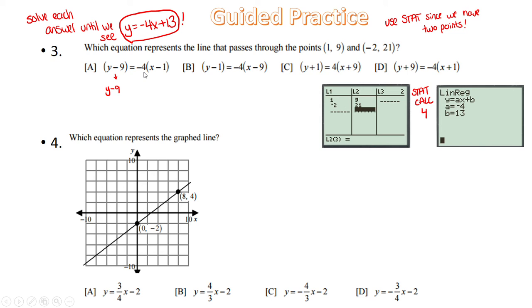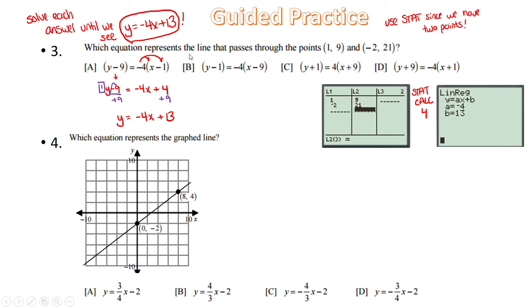Now on the right side, you could distribute that -4 to the x and then -4 to the -1, making it positive 4 now. Now if I was solving for y on a, then I would need to move this -9 over by doing plus 9 on both sides. So my equation, because I can only add those together, will become -4x plus 13.